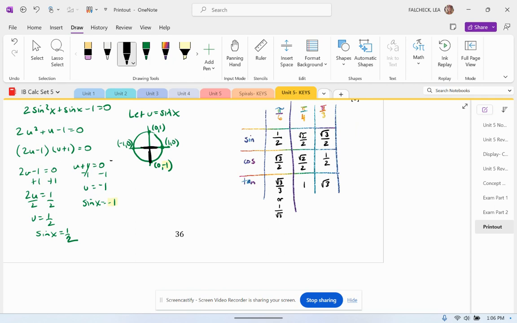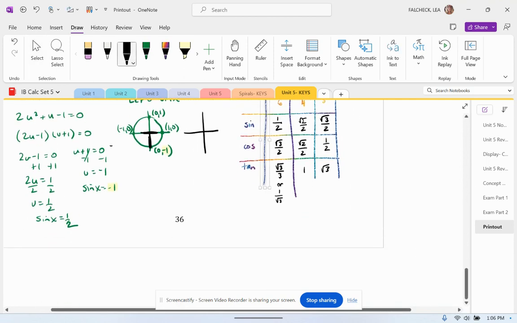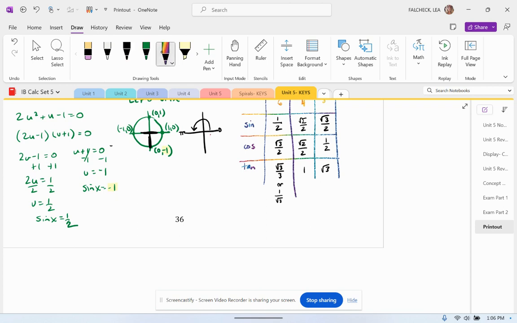Okay? So let's consider our weirdo interval, right? It's going from negative pi to pi. So we are super familiar with angles that rotate this way. If we're going from 0 to pi, we're only going from 0 to pi in this direction. However, if we're going from 0 to negative pi, we're going to be going in the opposite direction.